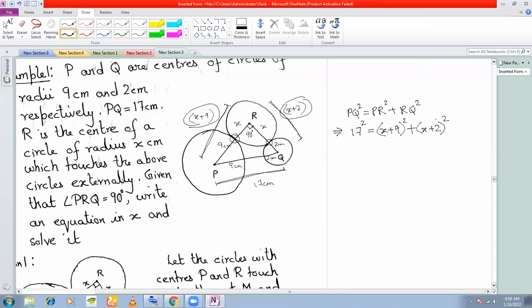If we can solve this equation, then we'll be able to find out the value of X. So how to solve this equation? Expand X plus 9 by the A plus B whole square formula, and here also you expand. Now what you do, you simplify the right hand side.